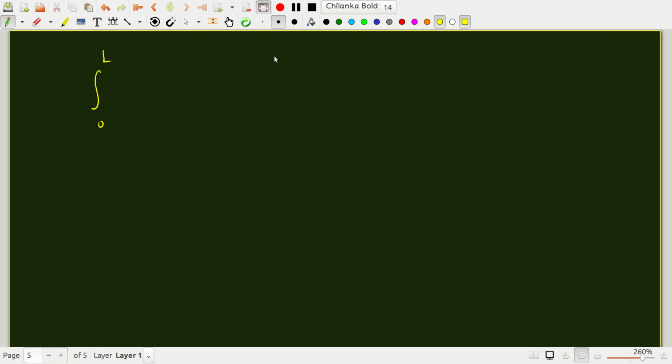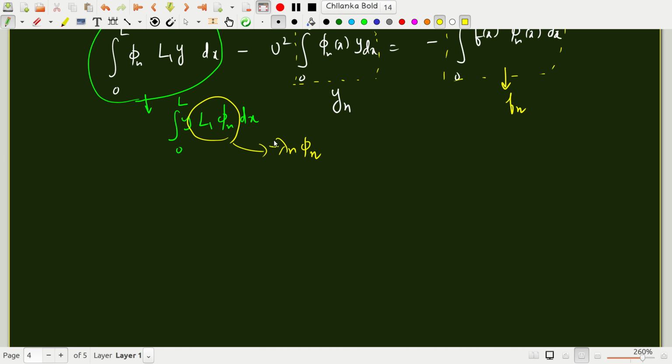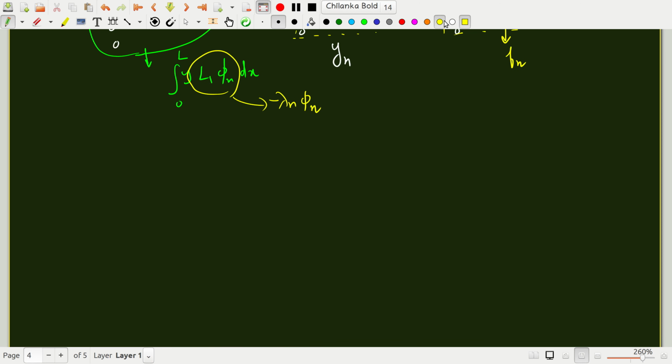There has to be a minus lambda n, because that's how we solved the eigenvalue problem. So let me continue here itself. This equation becomes therefore integral 0 to L y minus lambda n phi n dx. Now what is this?